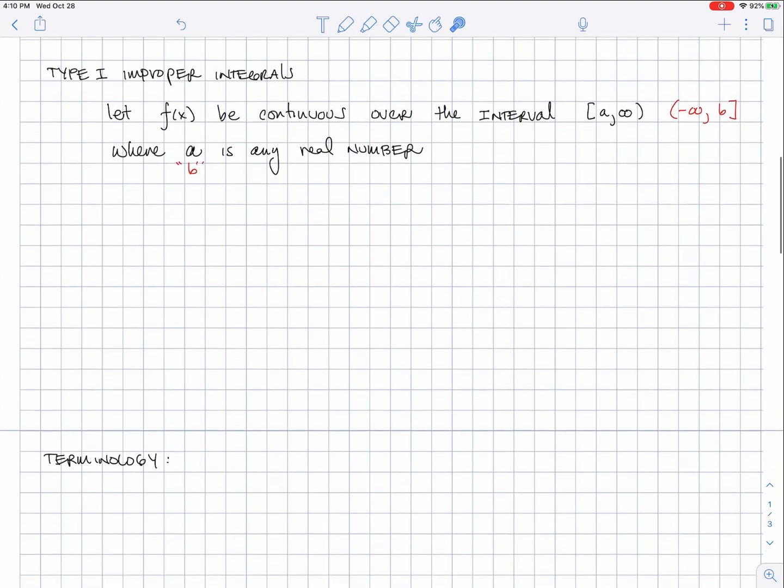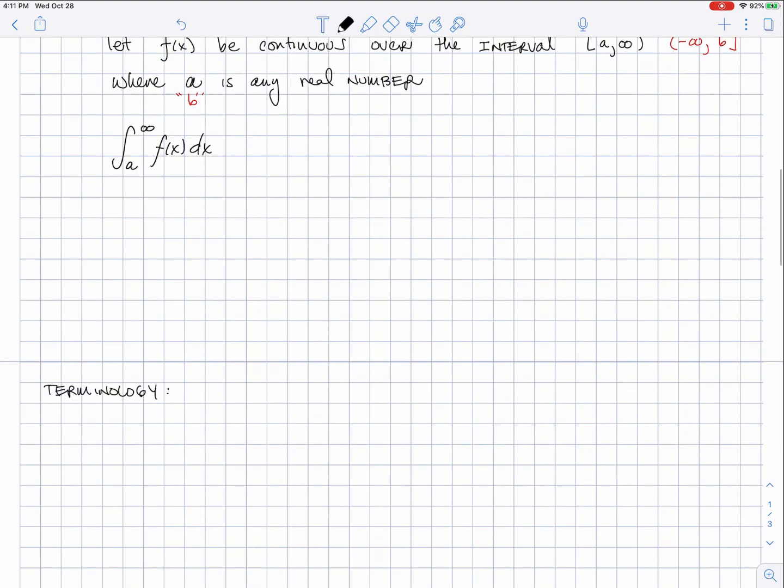Let's talk about what a type 1 improper integral is for real. So we're going to let f of x be a continuous function over the interval a to infinity, and likewise maybe negative infinity to b as our counterpart, where a or b is any real number. Then how do we deal with a type 1 improper integral? The integral from a to infinity of f of x dx, well, what does that mean?